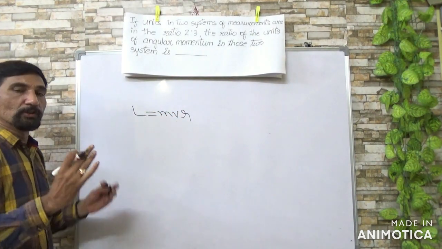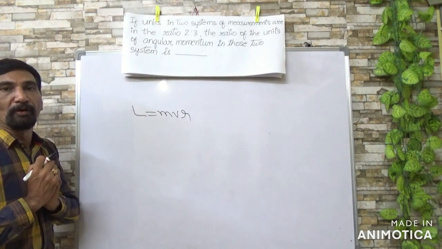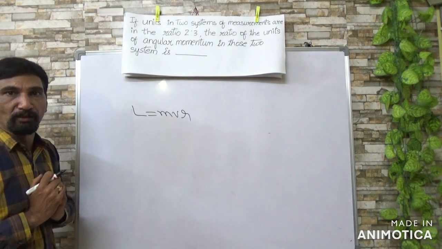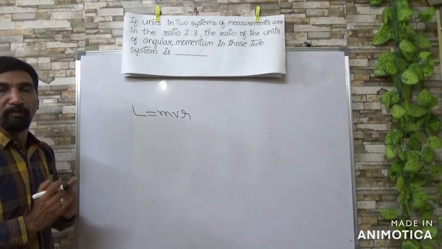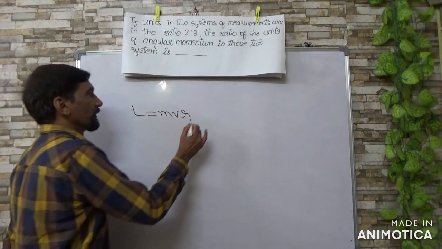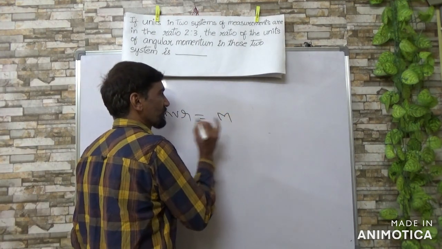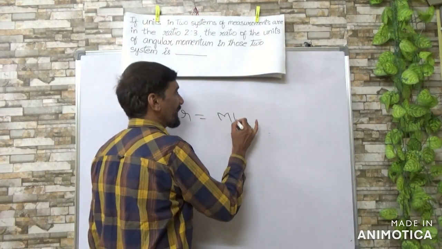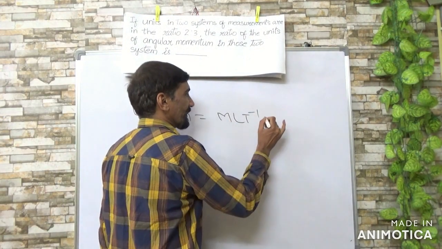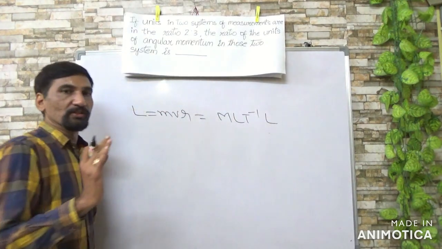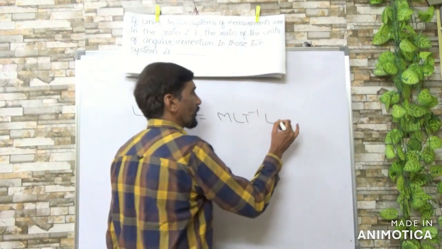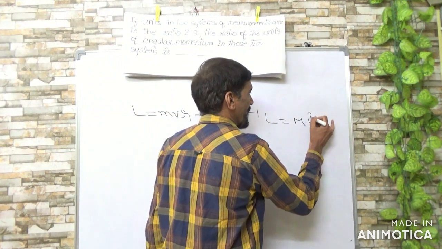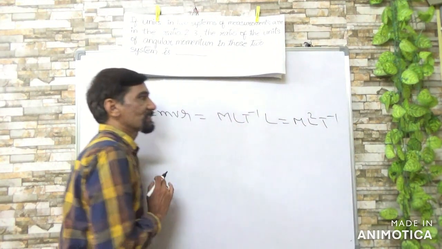If you are unable to recall the dimensional formula, use the normal formula MVR. Mass is M, velocity is LT inverse, radius is length L, so it is ML square T minus 1.